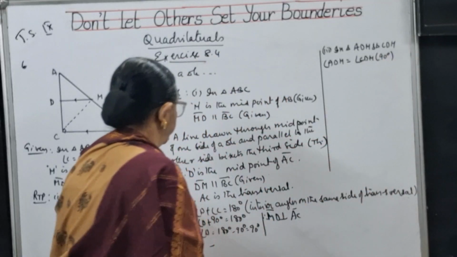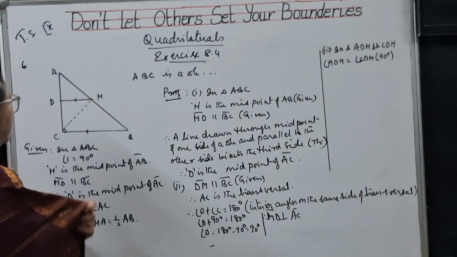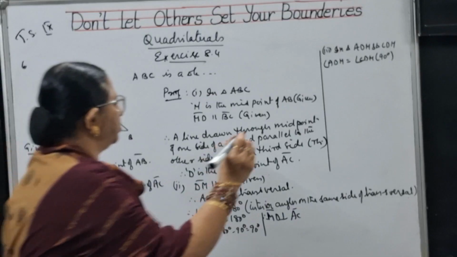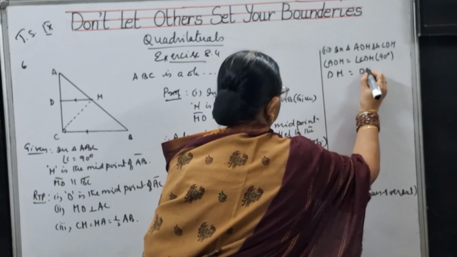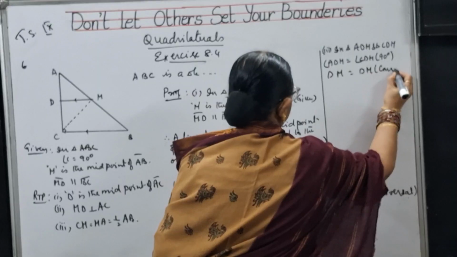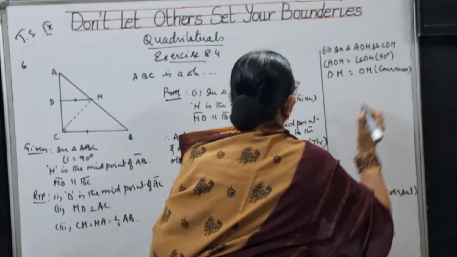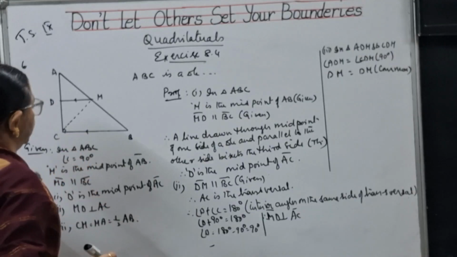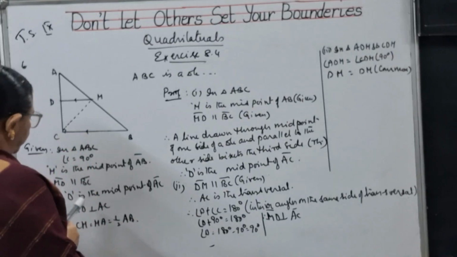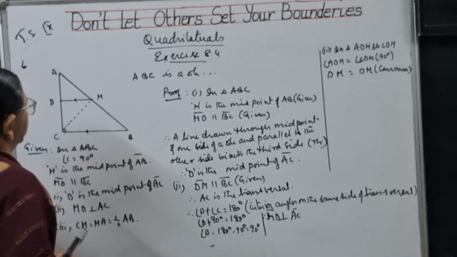Just now we have proved they are perpendicular, means they are 90 degrees, and MD or DM is equal to DM. This side is common for both, so they are equal, and AD is equal to DC. Why? Because we have proved D is the midpoint of AC.